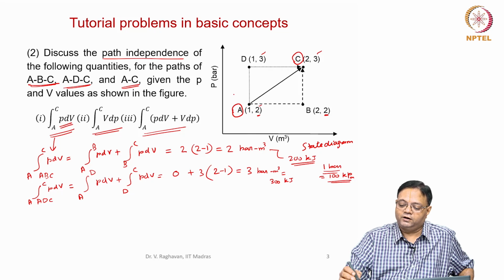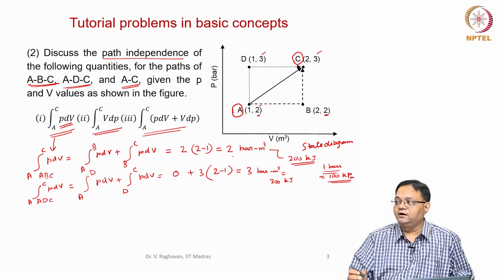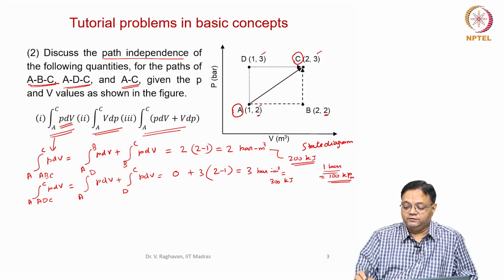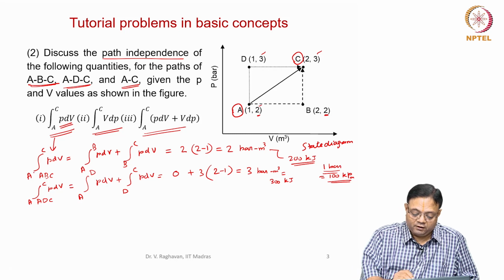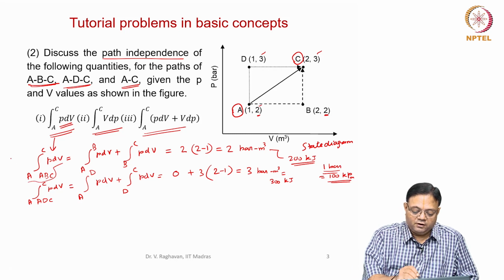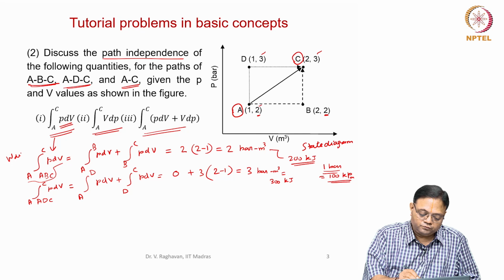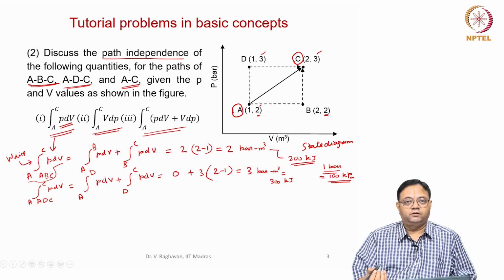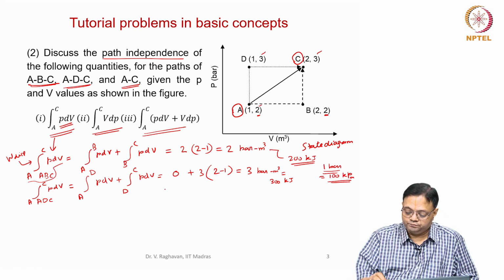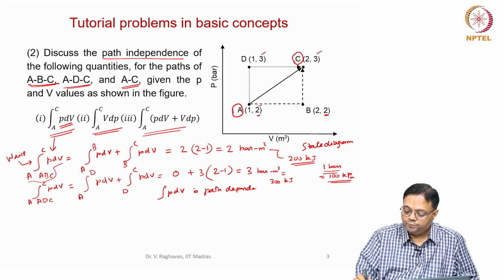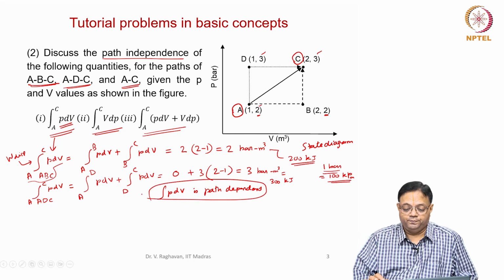So, we can see that all the 3 paths give 3 results here. That means this integral, which is nothing but displacement work, is path dependent. Integral P dV is path dependent. So, that is not a property.